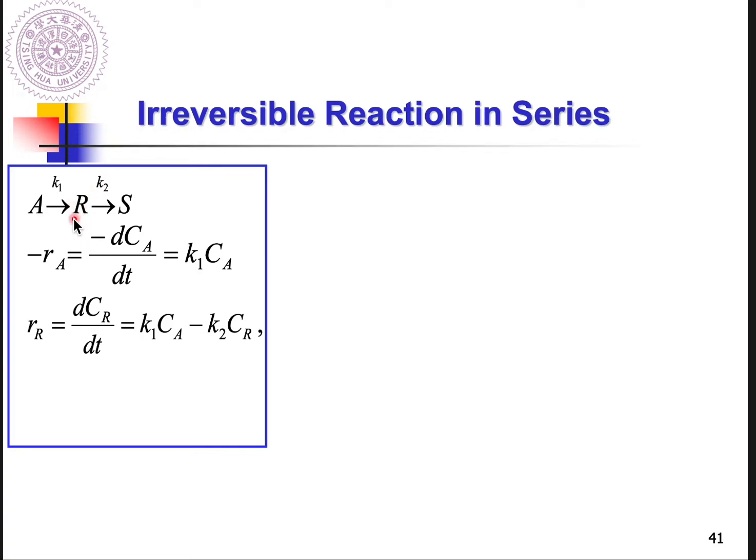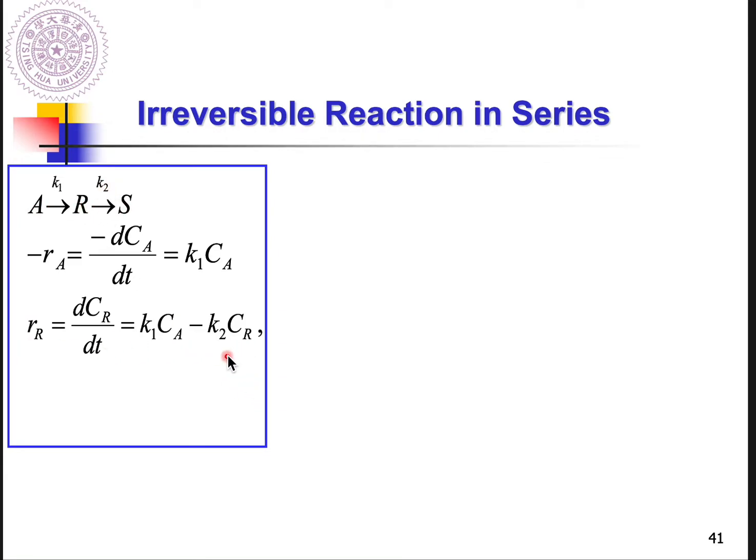The generation rate of R is dCR over dt, the concentration change rate of R. You need to consider that the reaction with K1 increases R, and the reaction with K2 decreases R, so it will be K1CA minus K2CR.